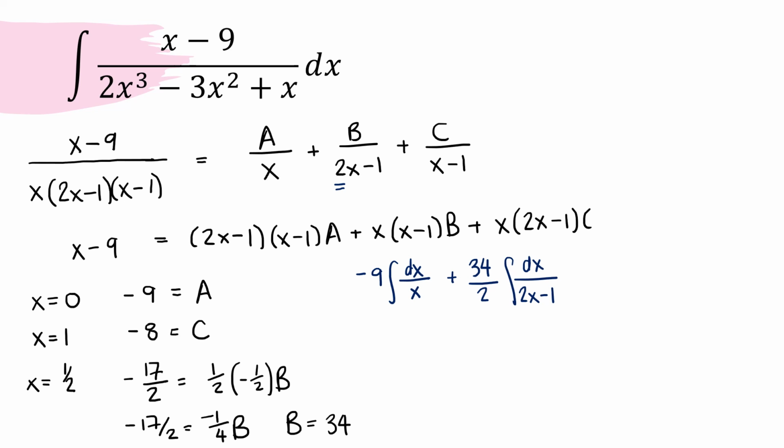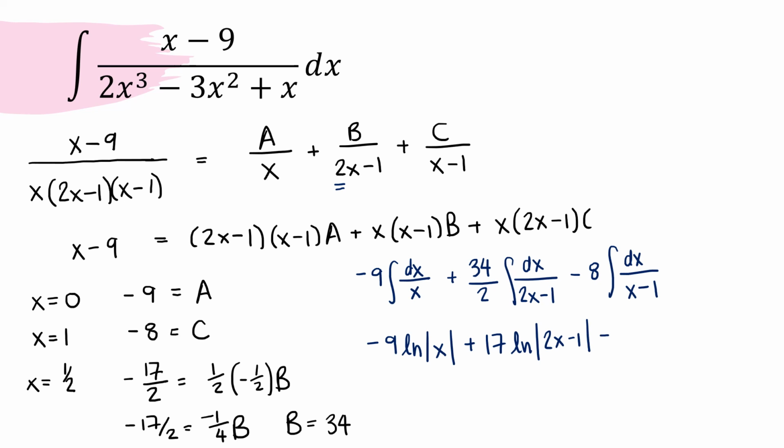And then for c, we had negative 8 times the integral of dx over x minus 1. Okay, so we get negative 9 ln x plus 17 ln 2x minus 1 minus 8 ln x minus 1 plus c.